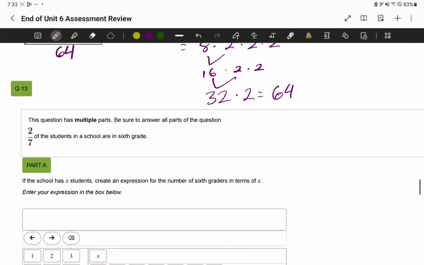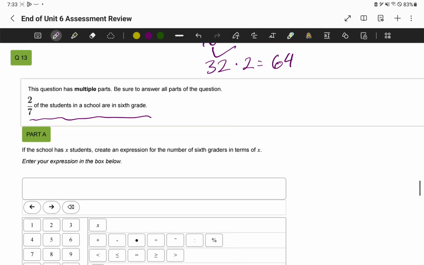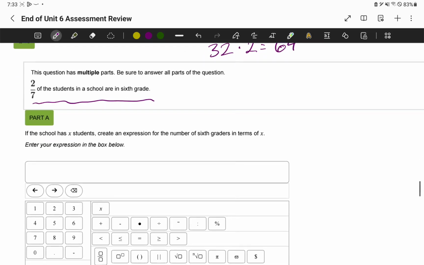Now, multiple parts. Be sure to answer all parts of the question. 2/7 of the students in a school are in 6th grade. If a school has X students, create an expression for the number of students in 6th grade. Use X. Okay, so it tells us the letter to use.